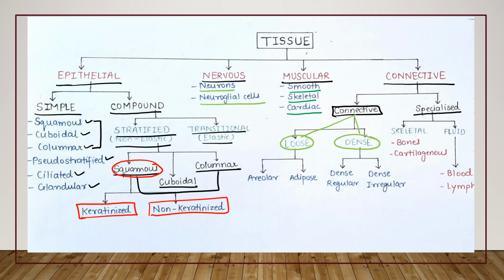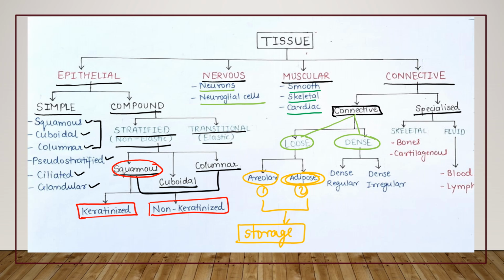In loose connective tissue, first is areolar and second is adipose. The functions of these two tissues are storage. So adipose loose connective tissue generally stores fats.